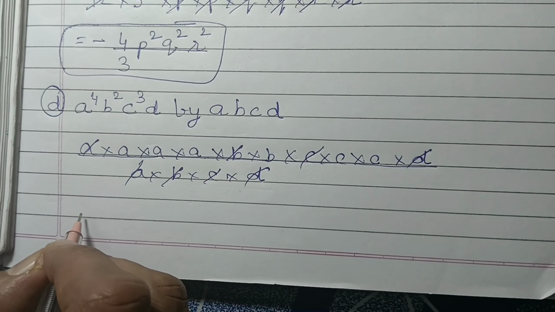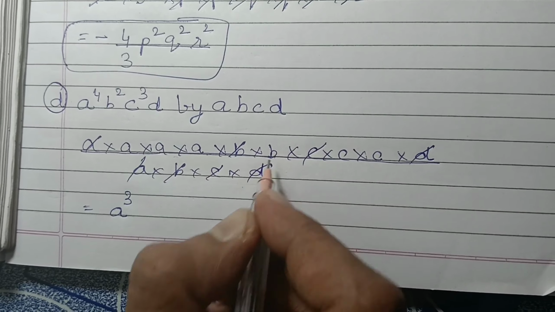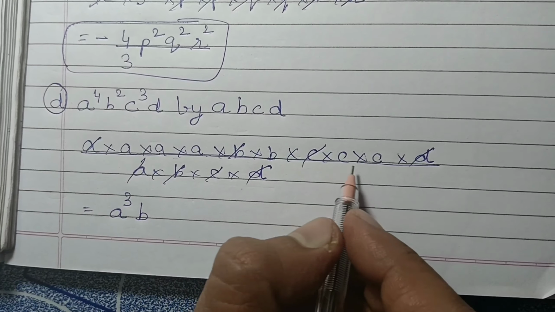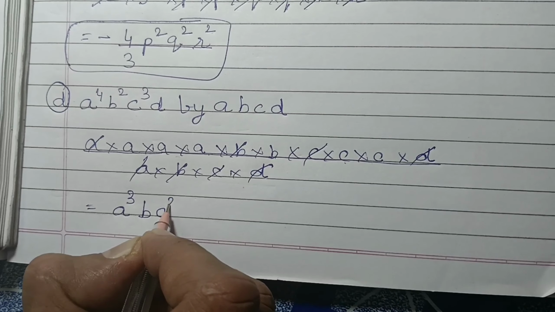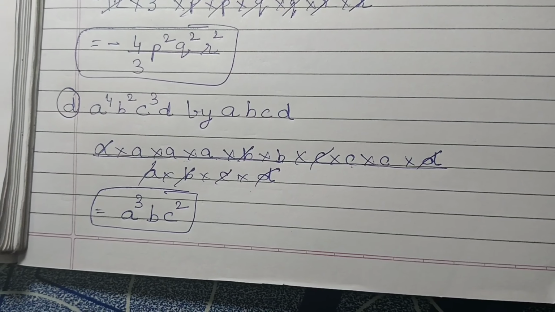So the remaining term will be a to the power 3, b 1 and c to the power 2. This is your answer for the d question.